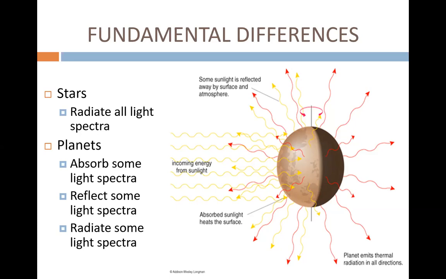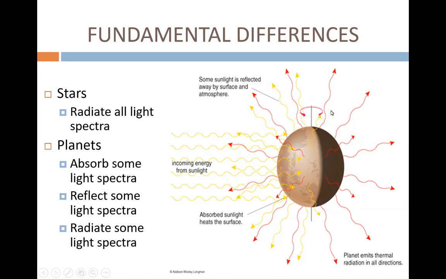The key thing about this picture on the right-hand side is you can see in yellow the incident or incoming light from the sun. We can see some of that light being reflected off the surface, these wavy yellow lines coming off right here. Here they show how light can be absorbed by the surface to get it warmer, to heat it up.